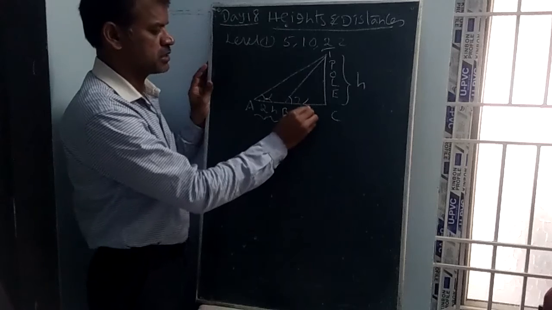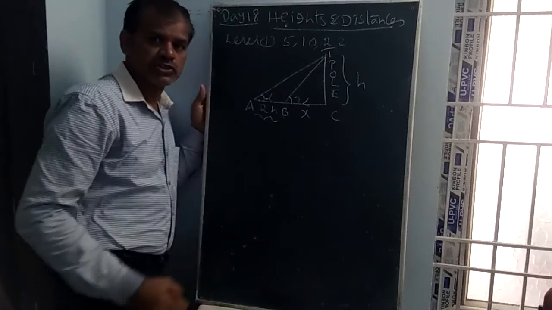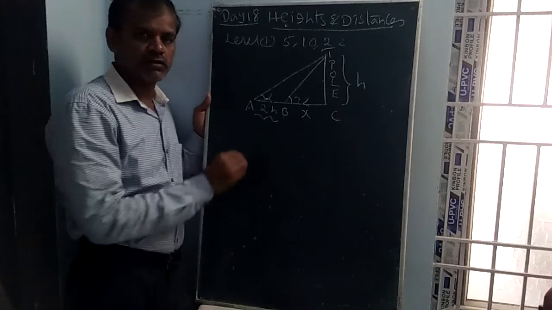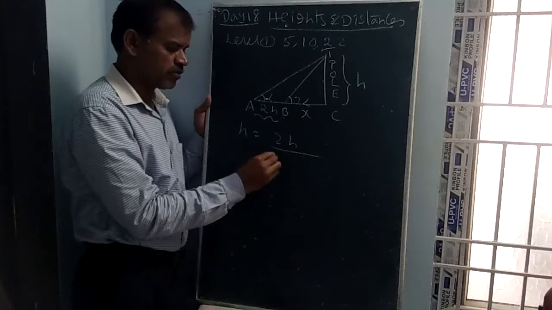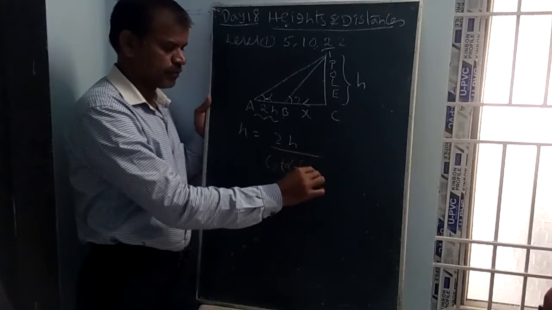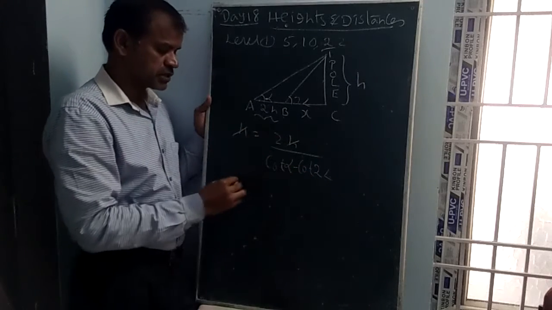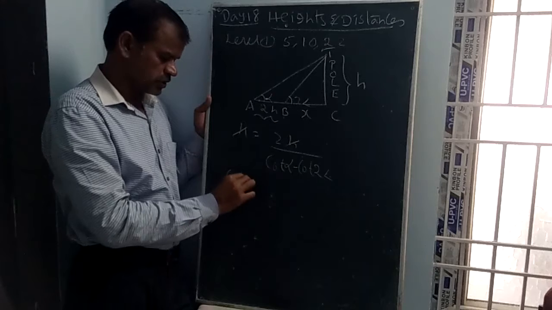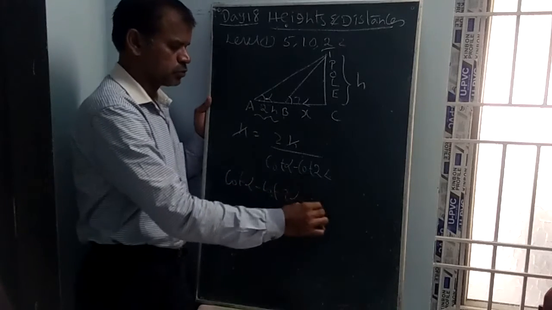We can apply the formula h is equal to d by cot alpha minus cot beta. So h is equal to 2h by cot alpha minus cot 2 alpha, h gets cancelled. So write like this: cot alpha minus cot 2 alpha is equal to 2.